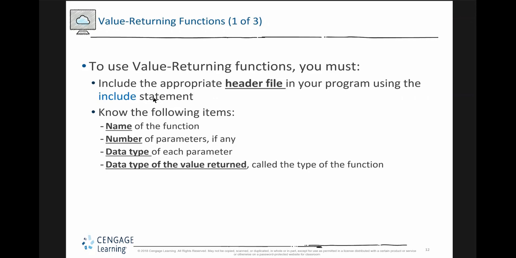Now you have to know which header file the function that you have is going to be in. You also have to know the name of that function that you're going to use, how many parameters it has, if it has any at all, the data type of each of those parameters. Are they double? Are they integers? What are they? And the data type of the value returned. Is it a double or an integer or what?